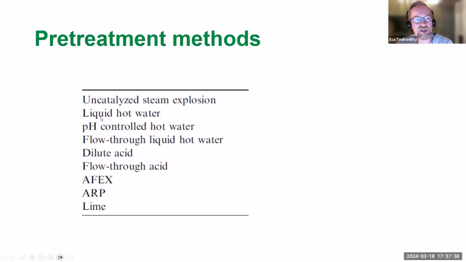So this list is not complete. It's something that has been described in the textbook, but if you search for woody biomass or lignocellulosic biomass pre-treatment methods, you can get certainly hundreds of articles, and some of them can have many more pre-treatment methods than are collected in here.